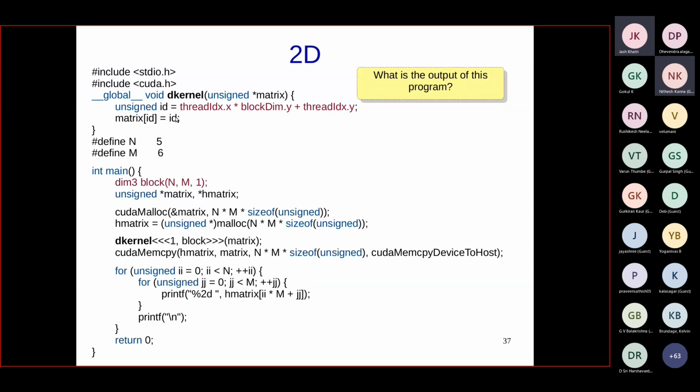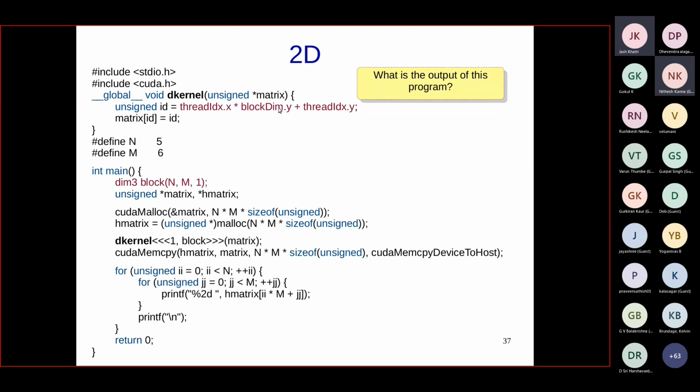Now for thread number 1, threadIdx.x will be 0 and threadIdx.y will be 1. So its ID will be 0 into 6 plus 1, which is 1. So matrix of 1 will be 1, and so on till the sixth thread, where threadIdx.x will be 0 and threadIdx.y will be 5.